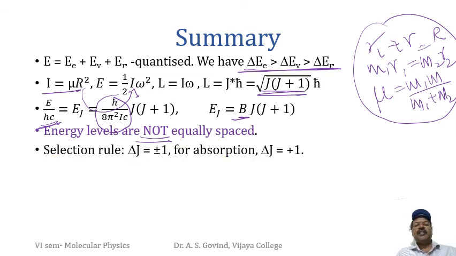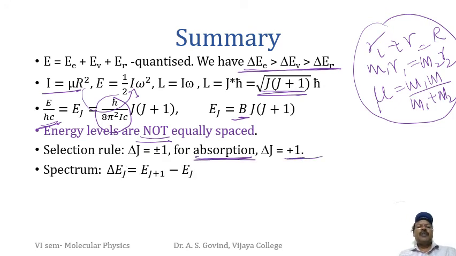Selection rule, delta J is plus or minus 1, but for absorption, it is only plus 1. That is 1 increased. Spectrum, therefore, is the absorption between EJ and EJ plus 1.